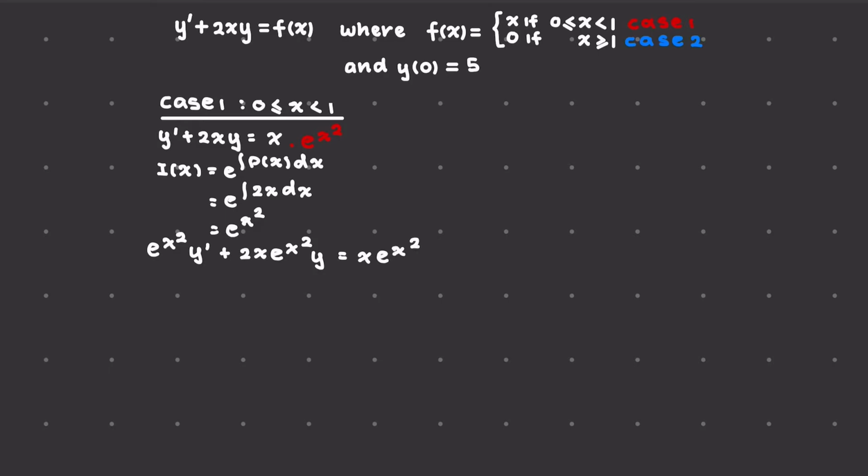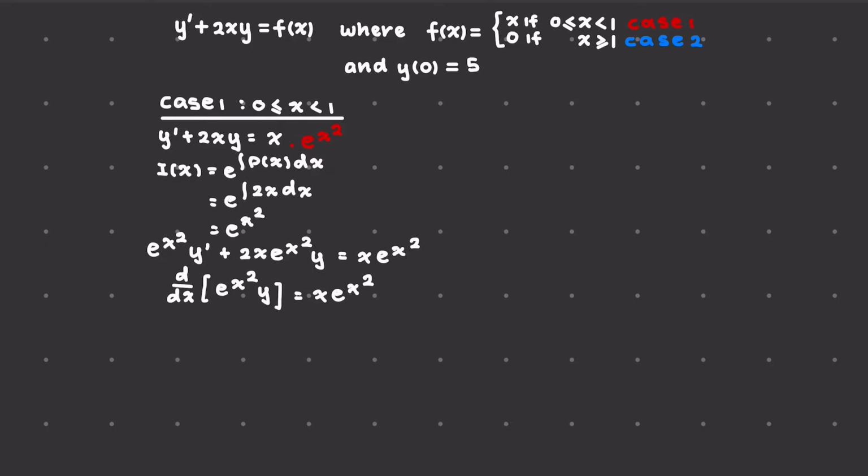We've done all of our steps correctly up to now by calculating our integrating factor. And now we know that d over dx of our integrating factor, e to the x squared times y, equals x e to the x squared.